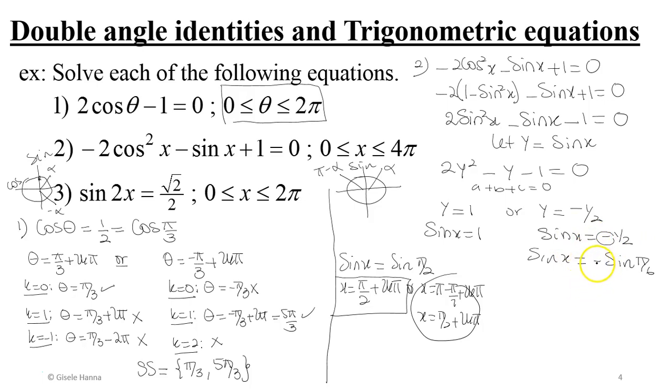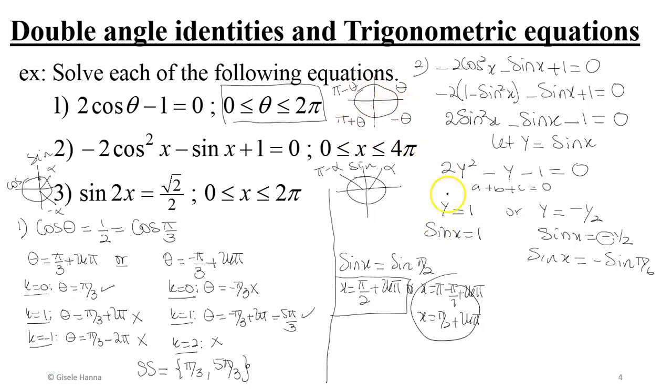Now, I have a negative sine pi over 6, and I need to write this as sine of an angle. So here we need to refer to the transformation formulas that we have taken, or basically refer to this rule where it says that if an angle in quadrant 1 is theta, in quadrant 2 it's pi minus theta, in quadrant 3 it's pi plus theta, and in quadrant 4 it's negative theta.